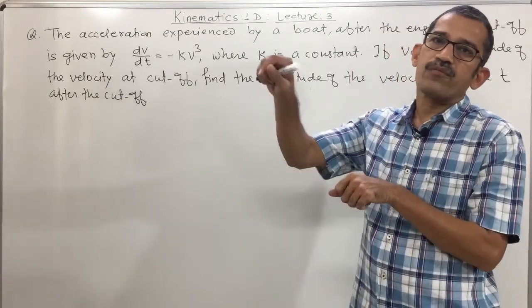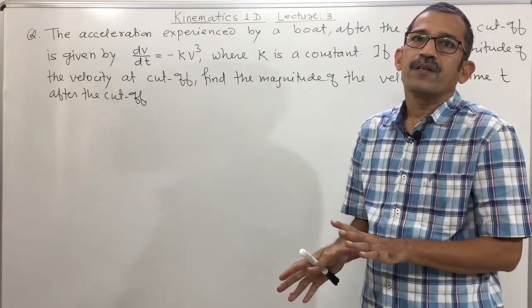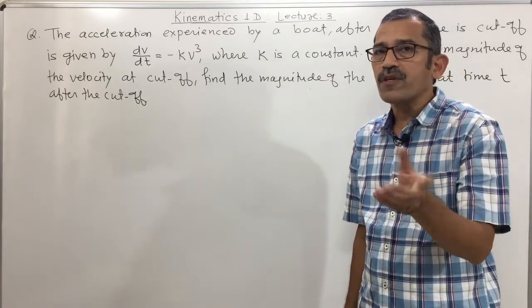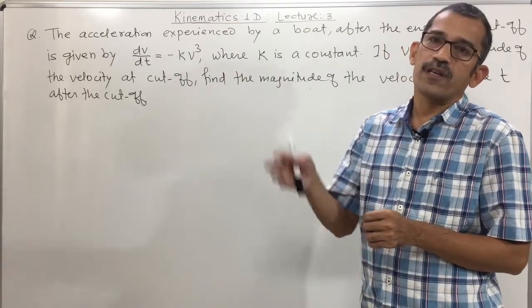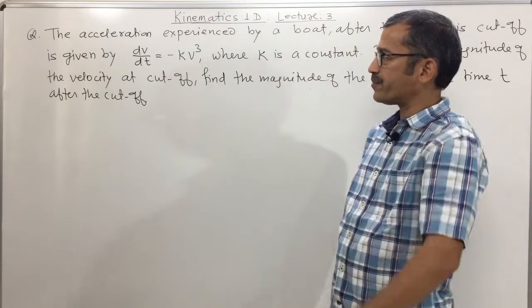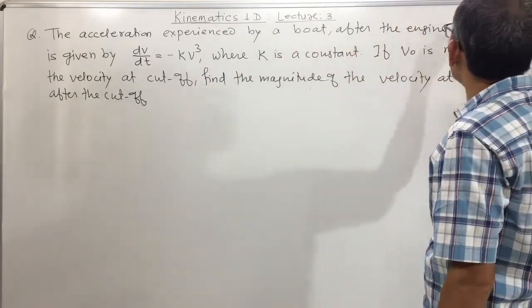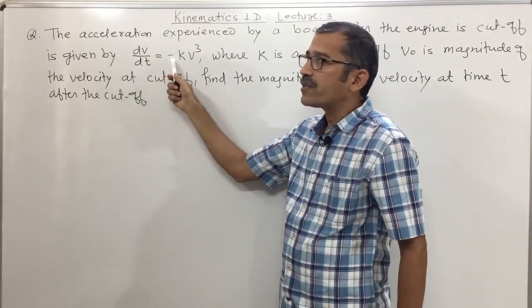But suddenly if we switch off the engine, meaning the engine is cut off, the power developed by the motor becomes 0. Now what happens? Due to water resistance, the speed of the boat will definitely decrease. The acceleration experienced by the boat after the engine is cut off is given by dv by dt, which is acceleration, equals minus k v cube.